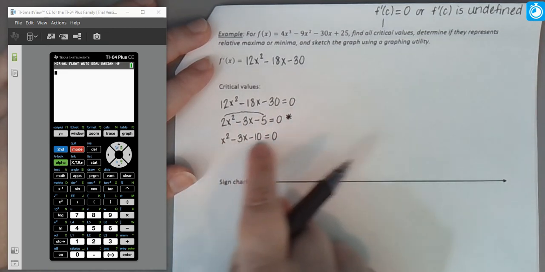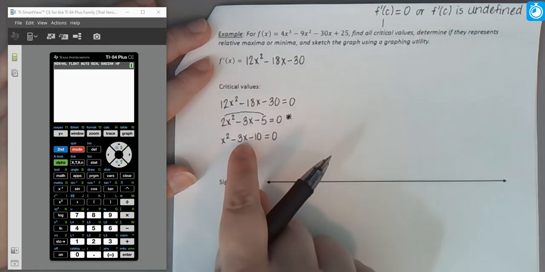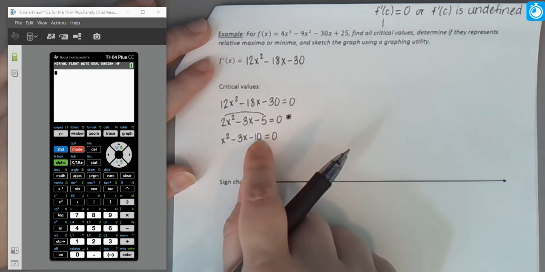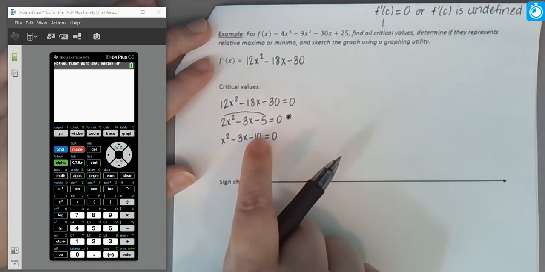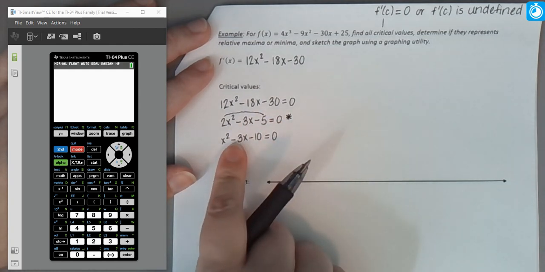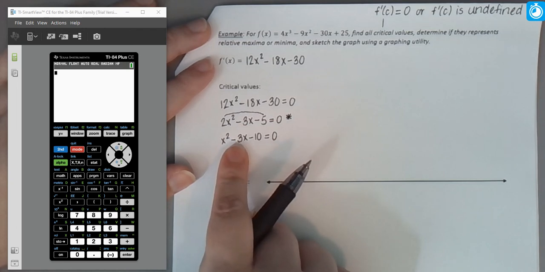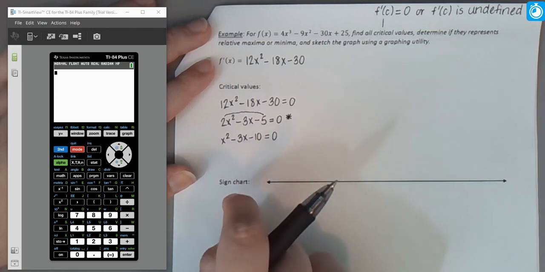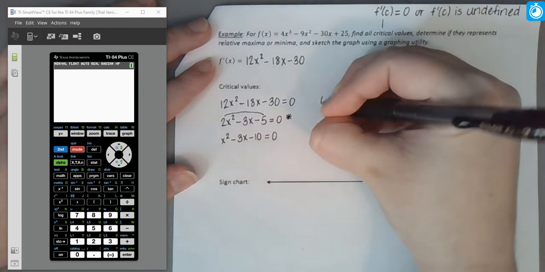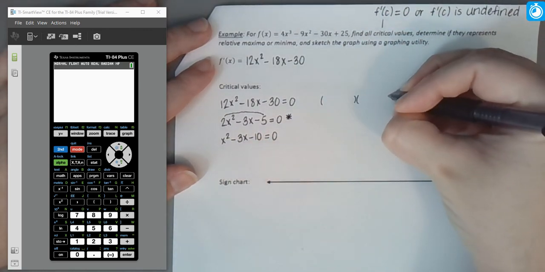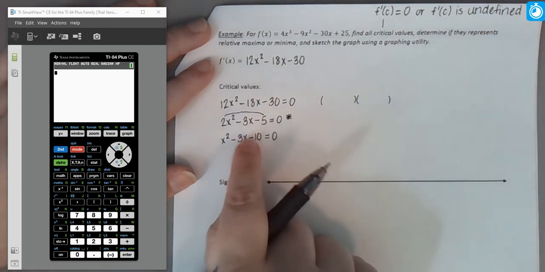Because now I have a new form of my problem that's going to be easier to factor. All I have to do now is look for numbers that multiply to give negative 10, that would also add to give negative 3. If I can find a pair, that pair represents how I would factor negative 10, and then I can write binomials that factor the polynomial based on the numbers I find.